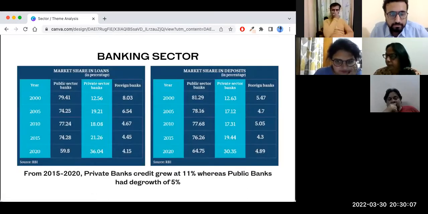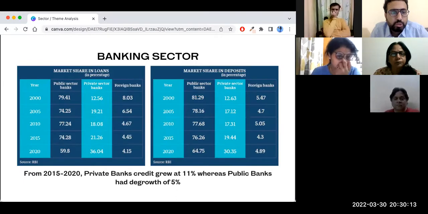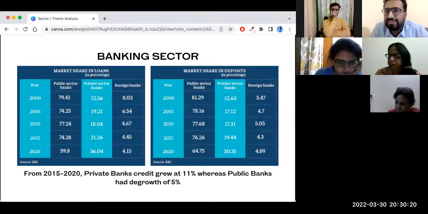The second slide shows that in the year 2000, the market share in loans with public banks was around 80%.